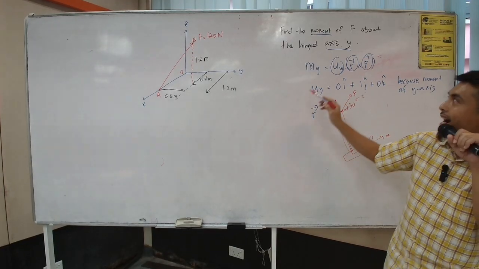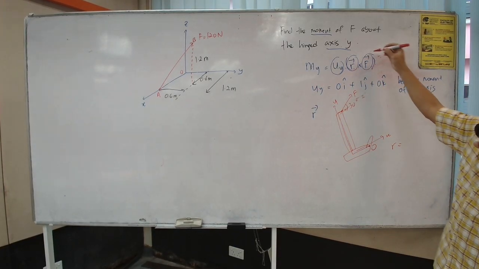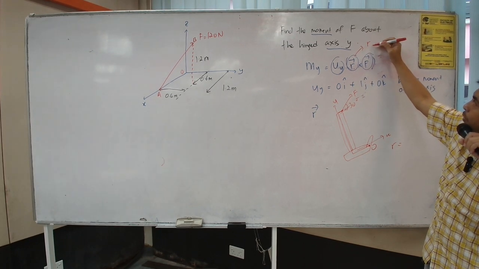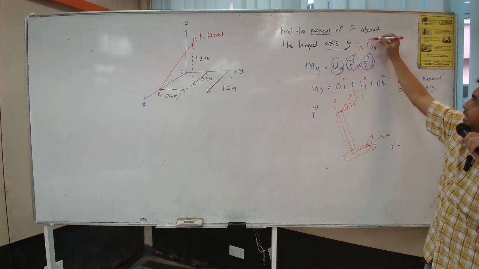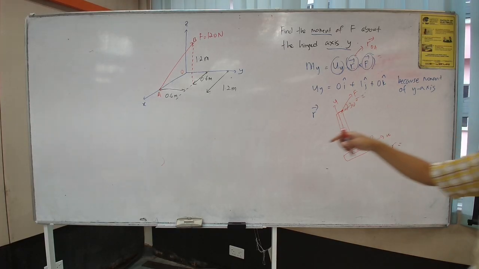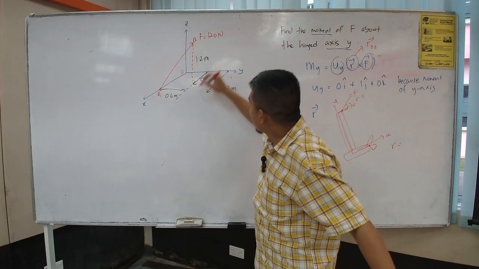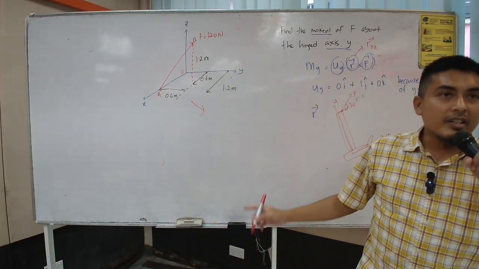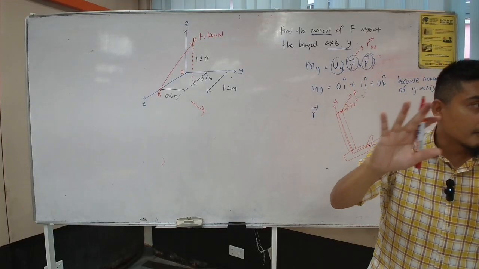So the R here, you need to calculate is ROA. So it's not RAB, no. It's not ROB because from this figure we can have three pieces of information for R.